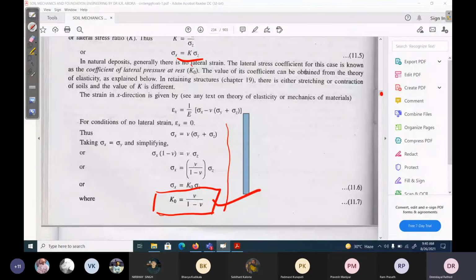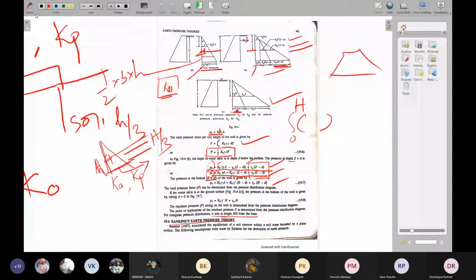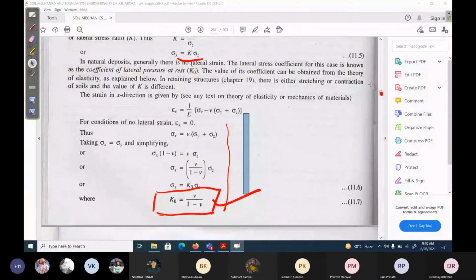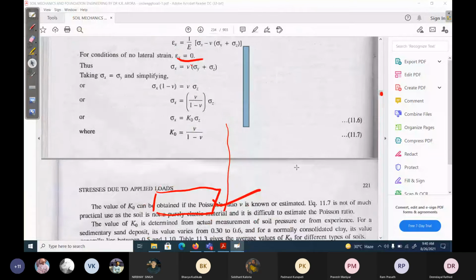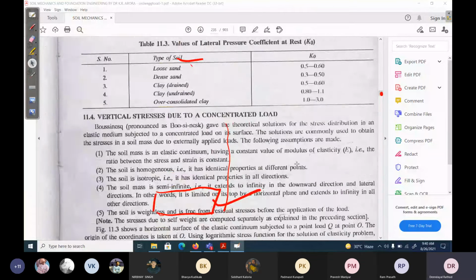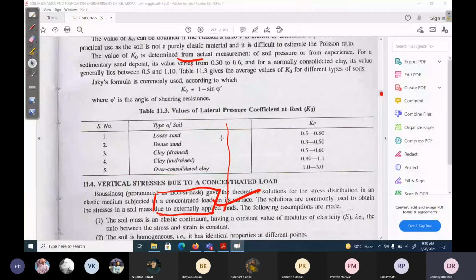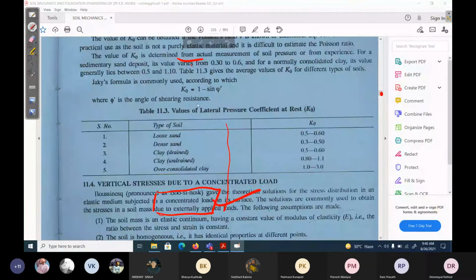So that's what is given. And finally it is 1 minus sin phi. Understood? 1 minus sin phi.